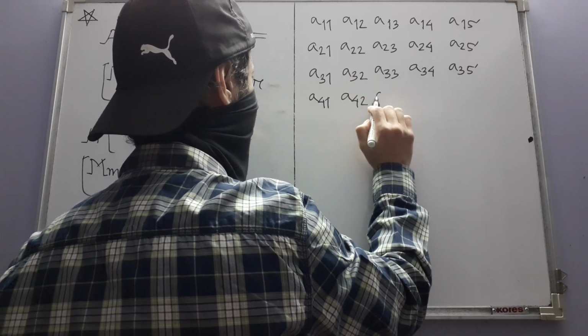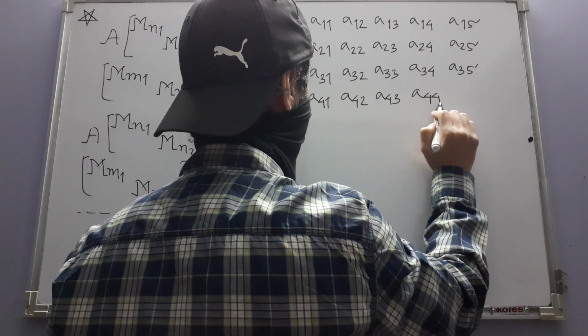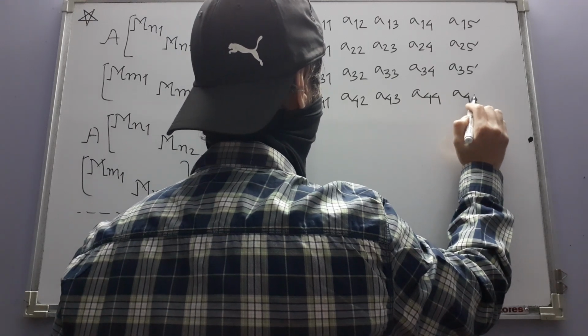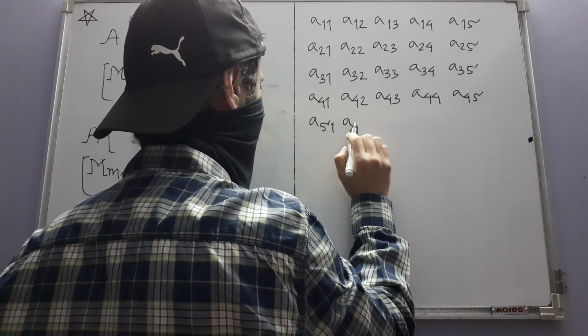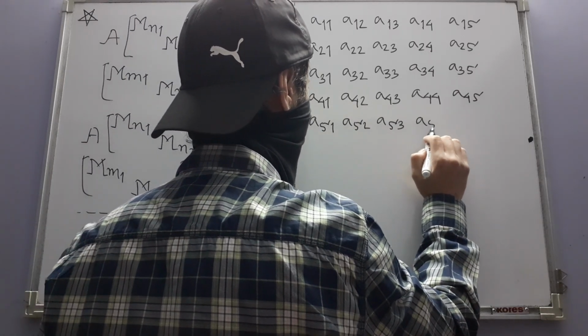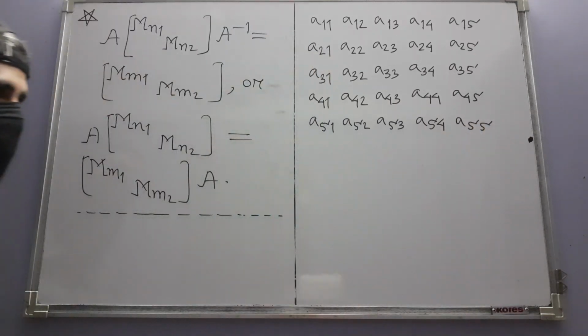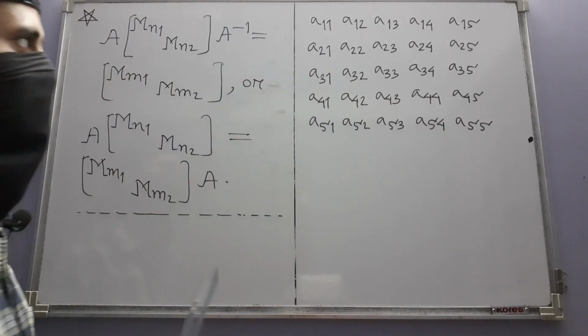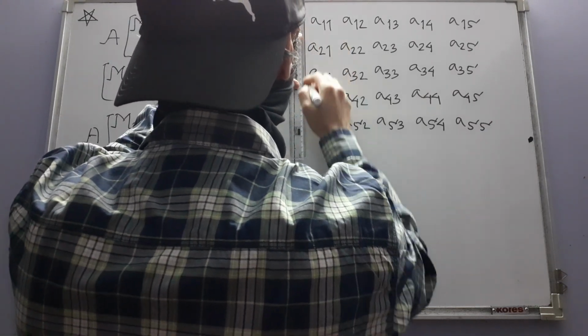It may look unnecessary, but it's actually necessary for our understanding. Okay, so this is our matrix A when n1 plus n2 is 5.